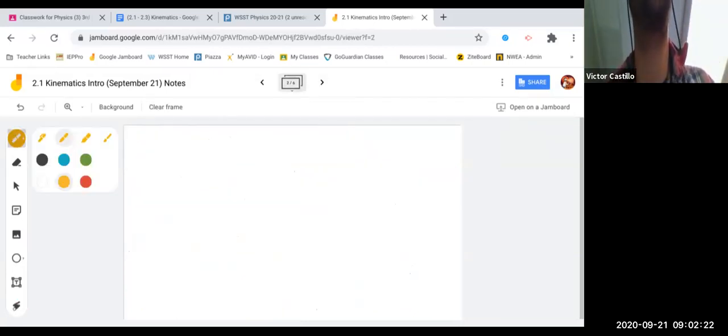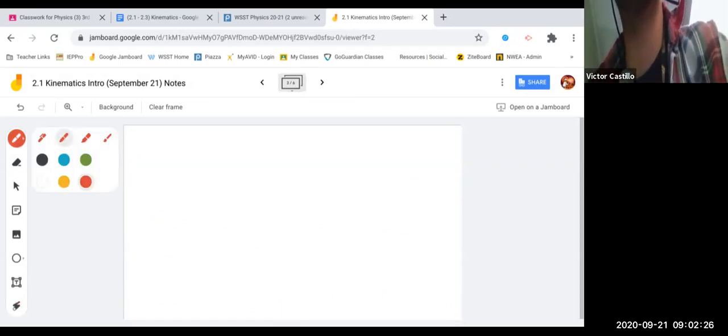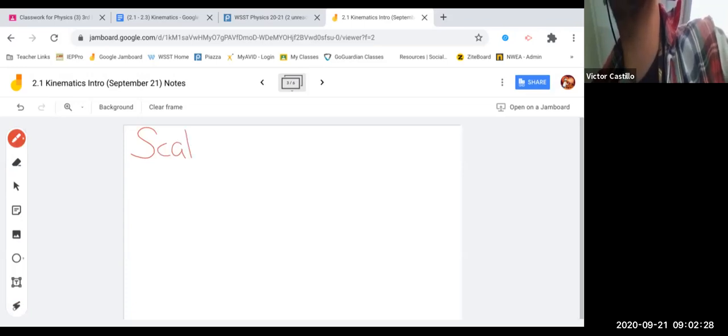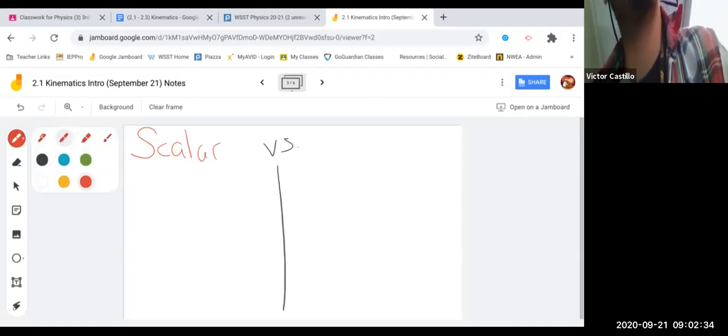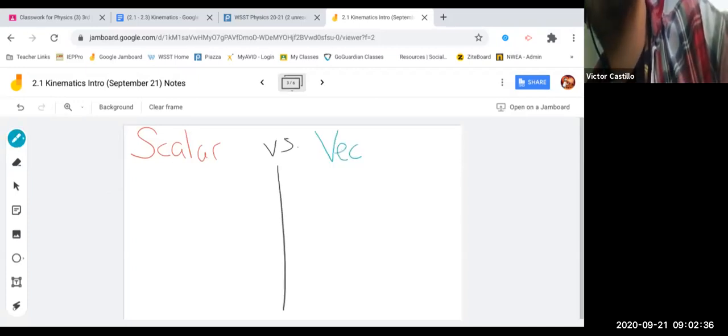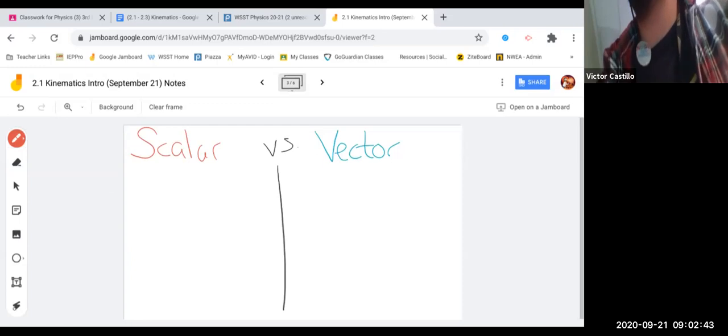So let's be more specific now. Let's go with some examples of scalar versus vector. For scalar, let's say we have 30 meters.